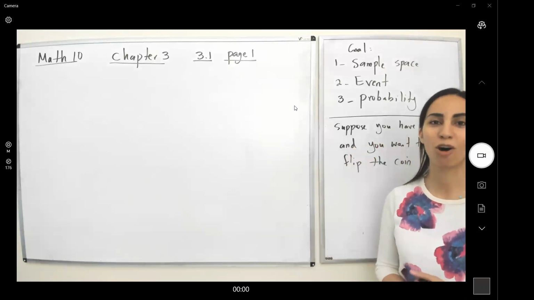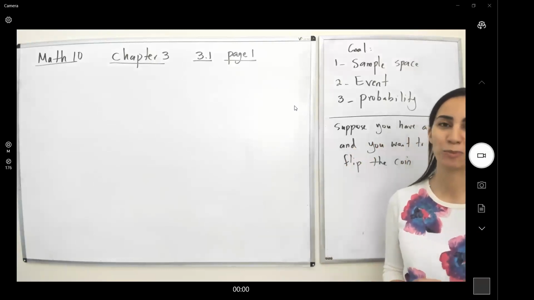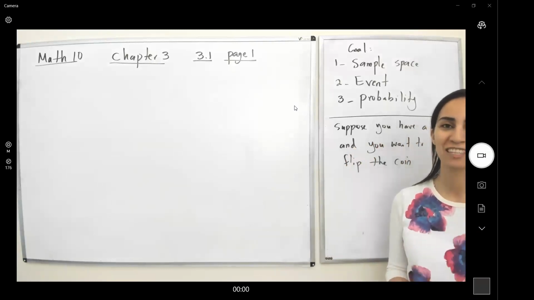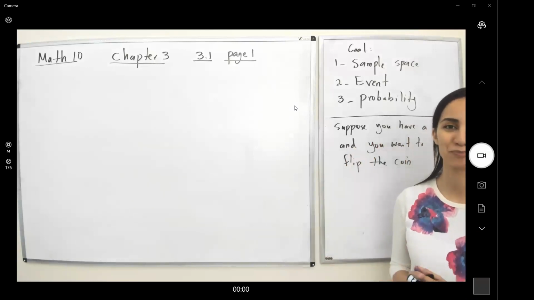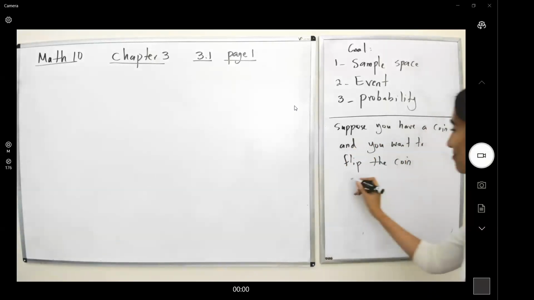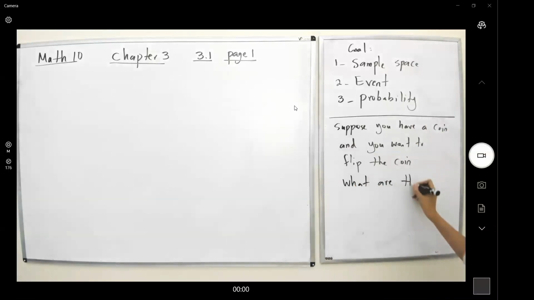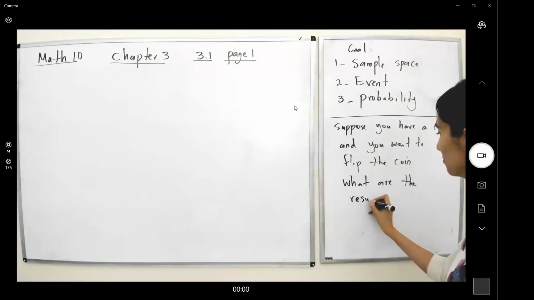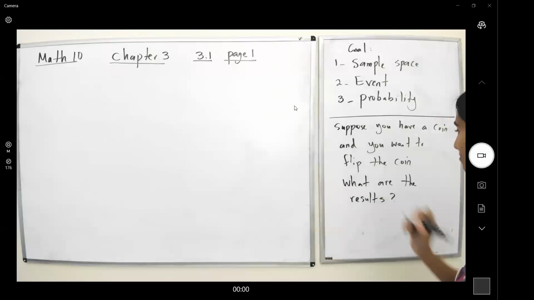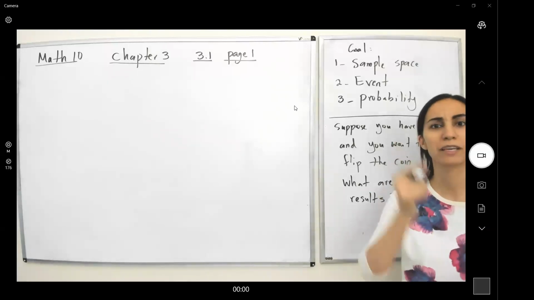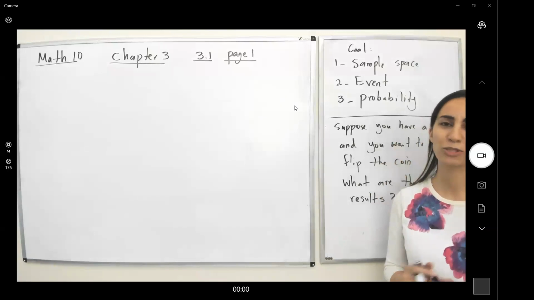What are the results or outcomes of this experiment? What are the results? You're flipping a coin. What do you get?